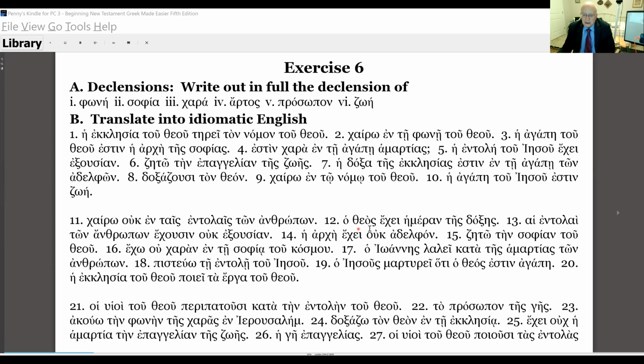If you take the next sentence, ho theos echei hemeran tes doxes. And remember, go for the verb first. And we find it, echei. Third person singular. So we're not surprised to have a subject in the nominative case. God, leave off the article because in English we don't use it with proper names. God has or is having hemeran tes doxes, a day of glory.